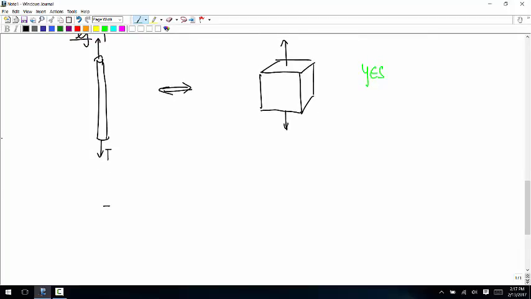What about this one? Where you have a tension here, and that's counteracted by forces on the two sides like this of T over 2.